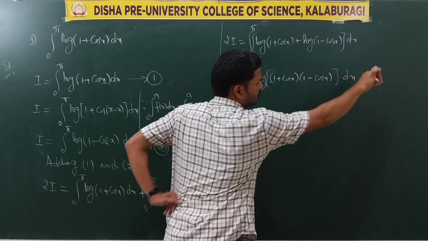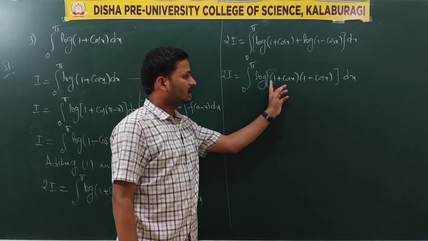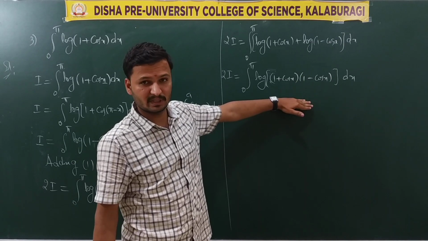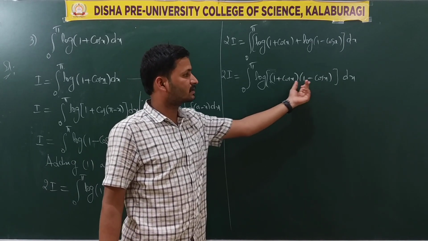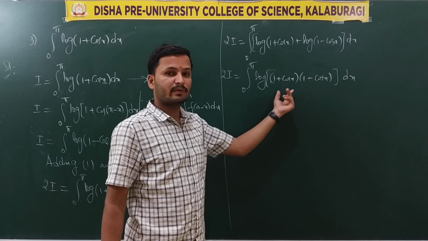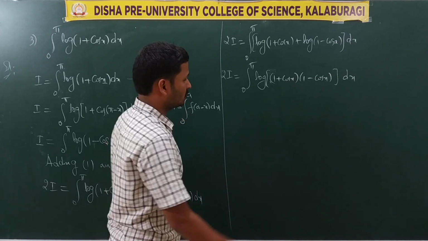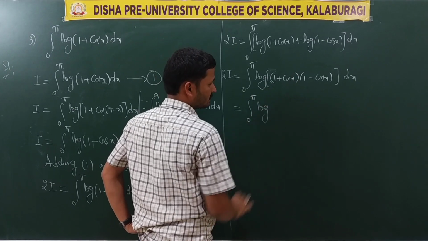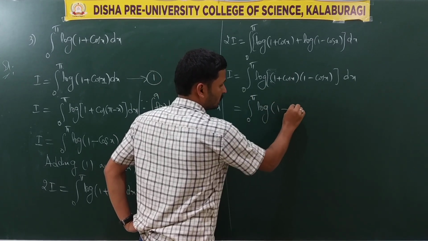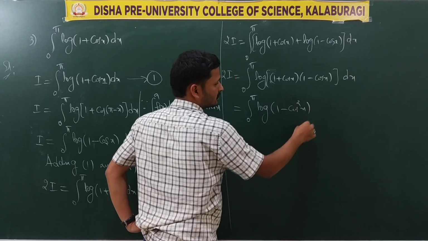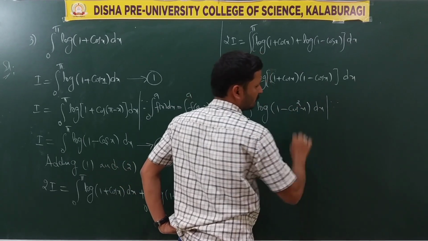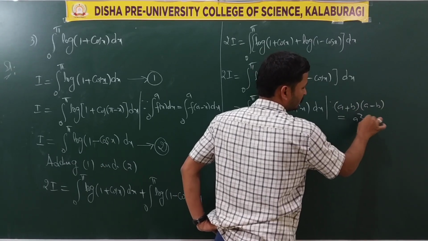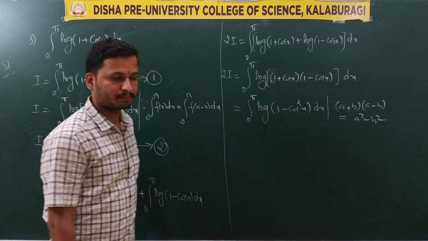Using a plus b into a minus b is a square minus b square, 1 plus cos x into 1 minus cos x is 1 square minus cos square x, so we get log of (1 minus cos square x) dx.